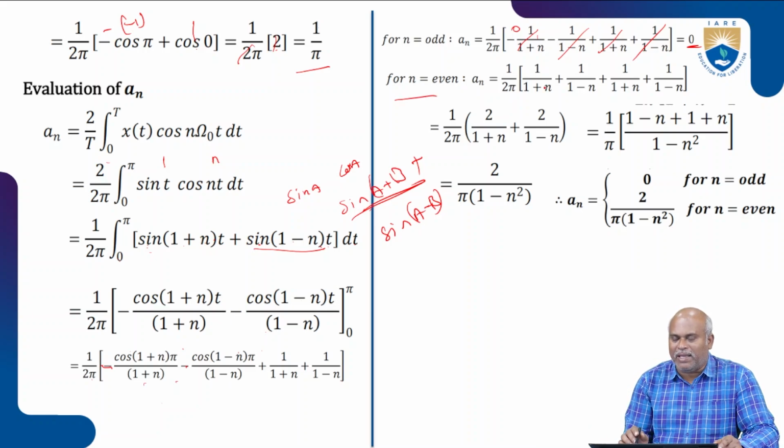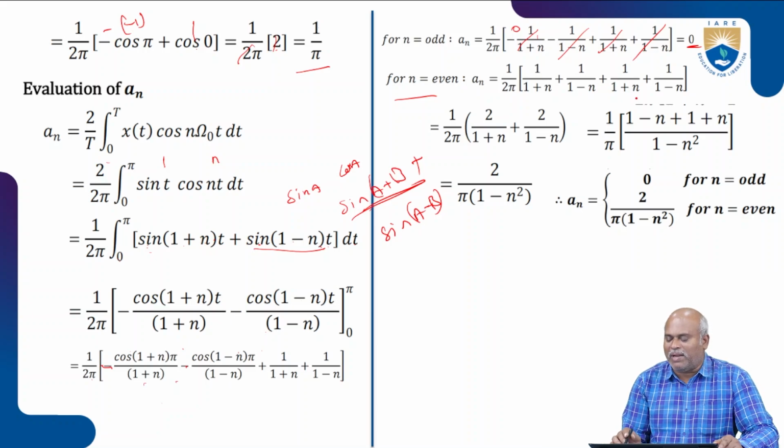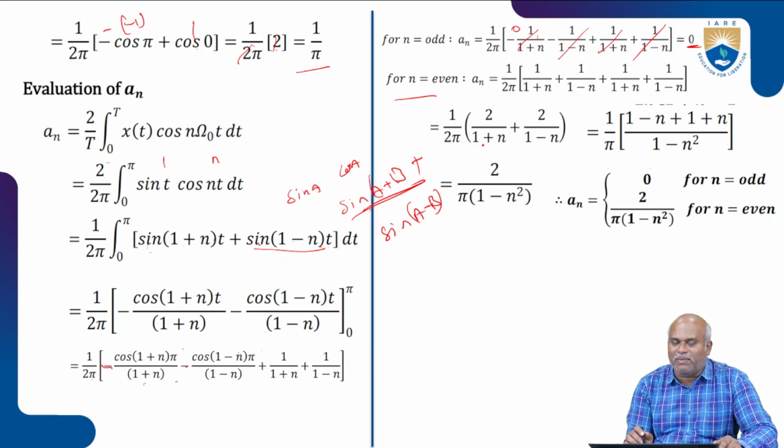1 by 2 pi, 1 by (1 plus n) plus 1 by (1 minus n) plus 1 by (1 plus n) plus 1 by (1 minus n). Now we can add all of them. Finally we get 1 by 2 pi, 2 times 1 by (1 plus n) plus 2 times 1 by (1 minus n).